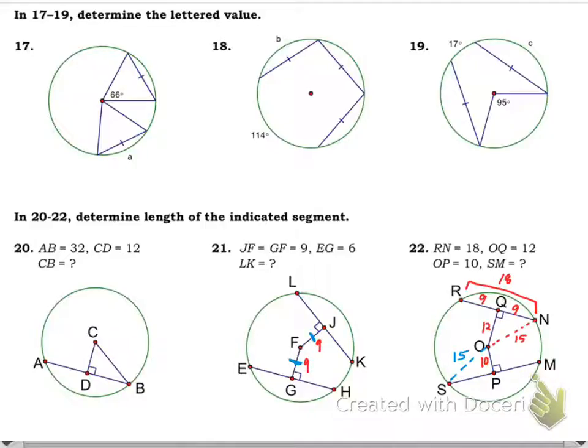It says EG equals 6. Find LK. Well, if EG equals 6, that means GH equals 6. And if these are equal distance away, if this is 12, that guy's 12 as well. Because equal distance, we have the theorem that two chords are equal distance, it means they're the exact same length.